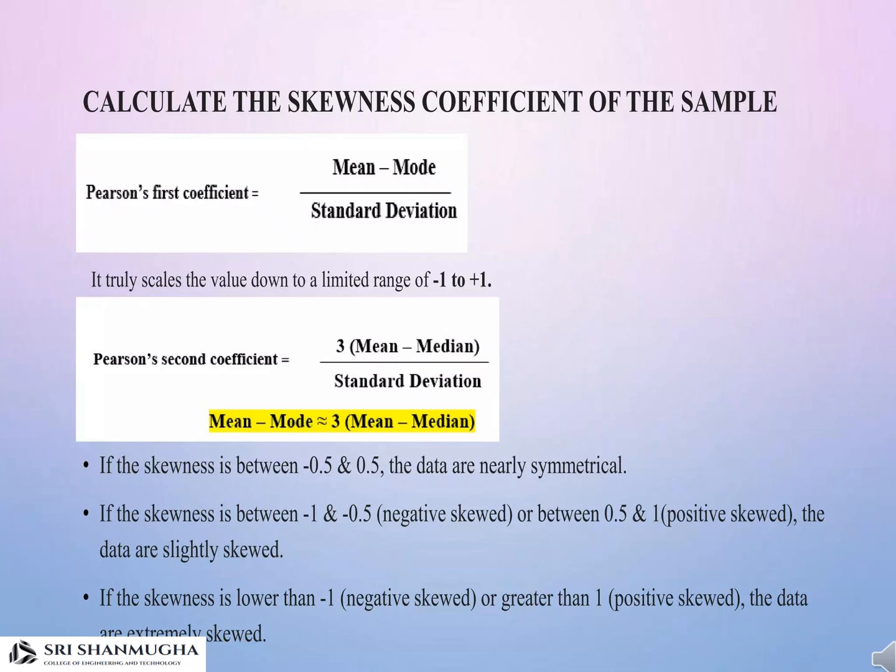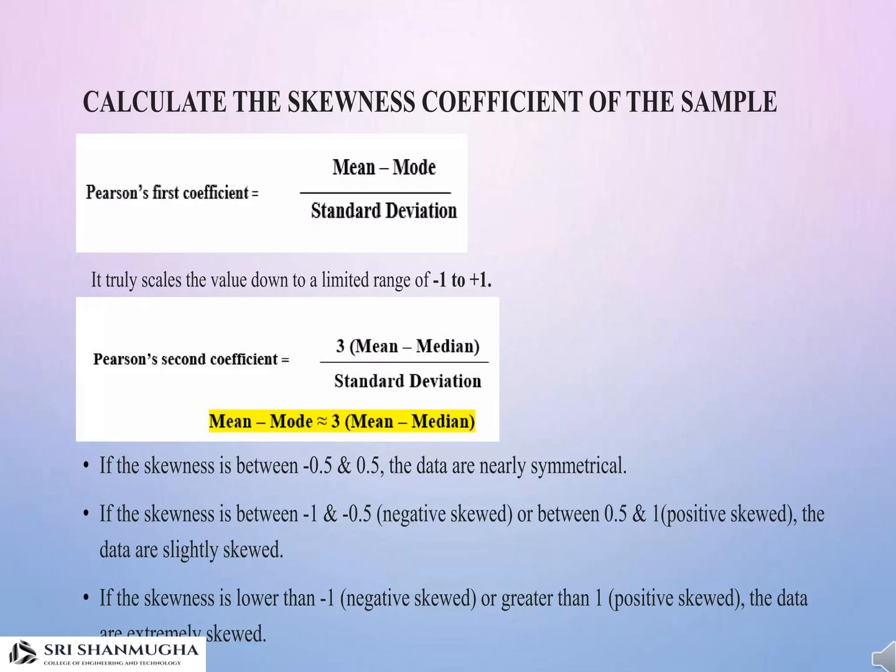We calculate skewness as mean minus mode divided by standard deviation. This is simple and intuitive. If the mean is greater than the mode, skewness is positive. If the mean is less than the mode, skewness is negative. The limitation of this equation is that the mode can be unstable, especially in small samples or continuous data.